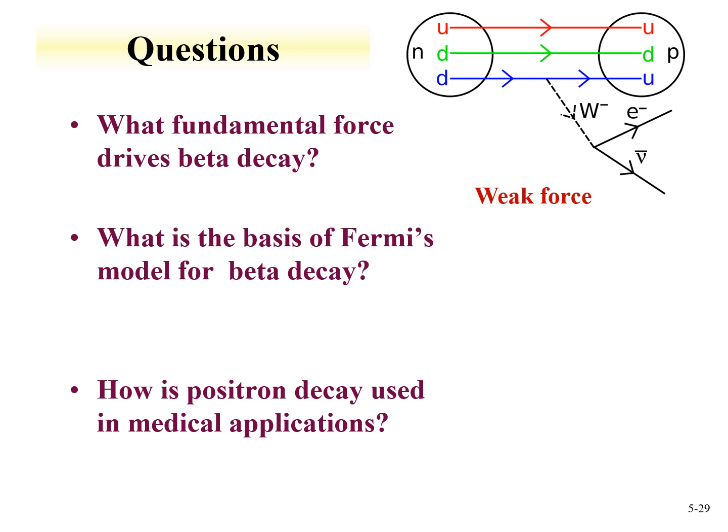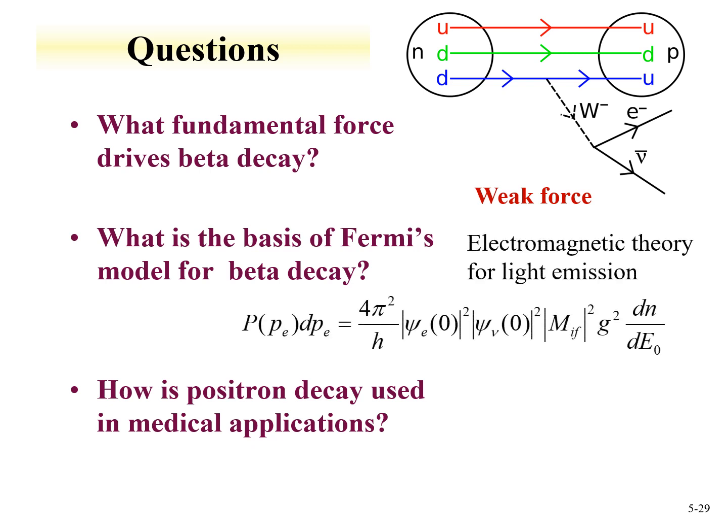So what is the basis of Fermi's model for beta decay? It actually exploits some of this force. It's based upon electromagnetic theory for light emission. So Fermi took that fundamental theory and applied it to the weak force, to beta decay, where he came up with an expression describing the populating of certain energy densities, equal to some constants, the wave function of the electron, the wave function of the neutrino, this mixing matrix, and this Fermi constant, which he fundamentally replaced from the electromagnetic theory.